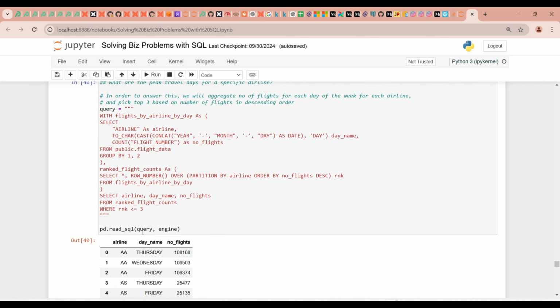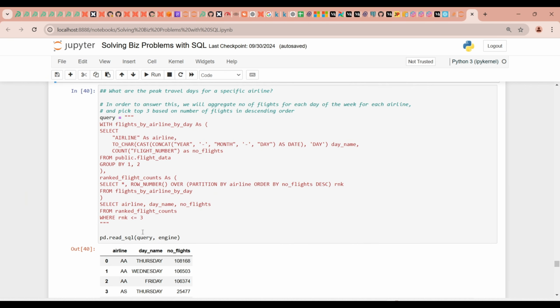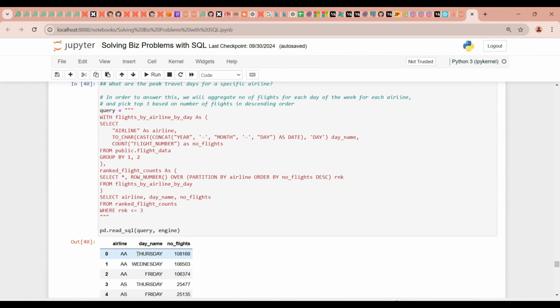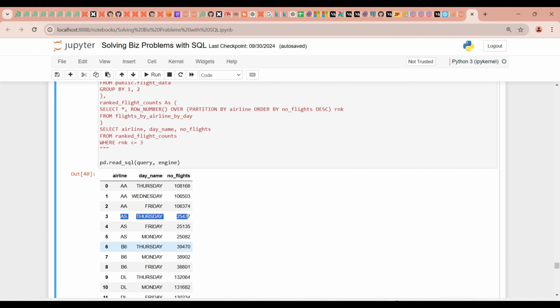And when we pick the top three per airline, you can see that Thursday is usually common. Look at this airline, Thursday, topping the chart.